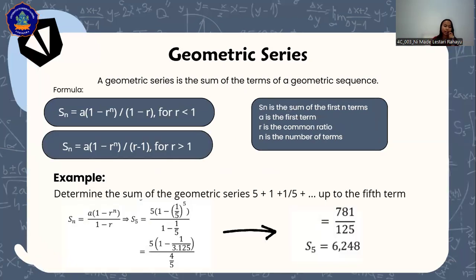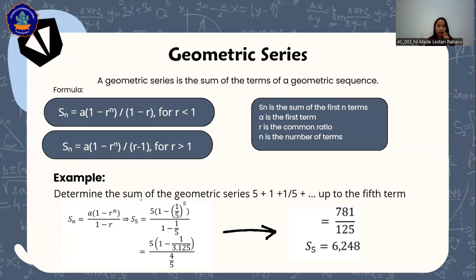Okay, next we will learn about the geometric series. A geometric series is the sum of the terms of a geometric sequence. The formula of the geometric series is S sub n equals a times 1 minus r to the power of n divided by 1 minus r for r less than 1.